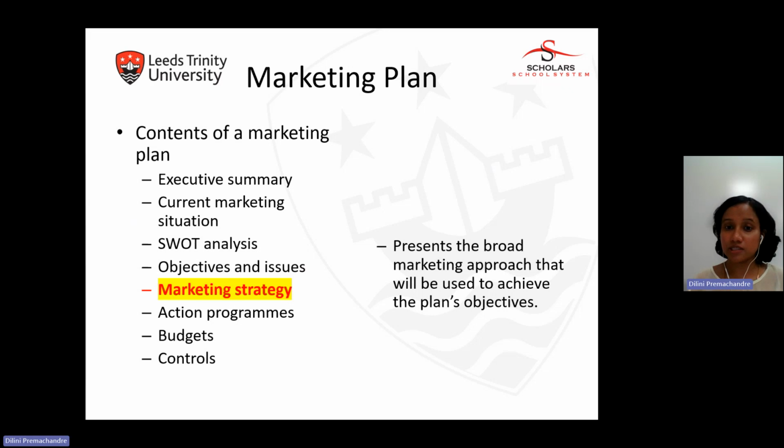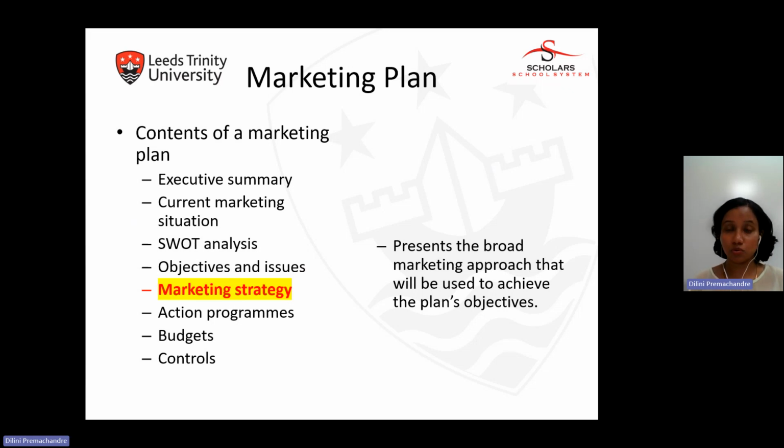And place strategy. Under place strategy, you will be explaining how you distribute your product to the customers, to your target market. And the final element is the promotion strategy. Under promotion strategy, you will be explaining how you're communicating about your product to the customers.